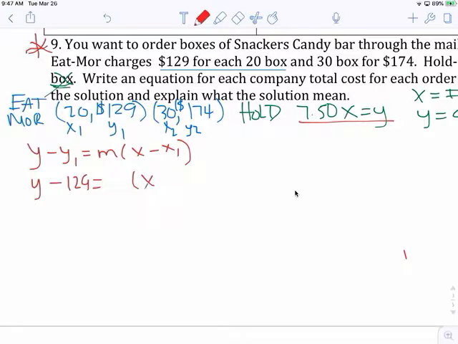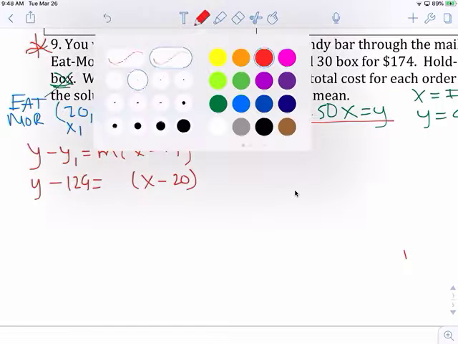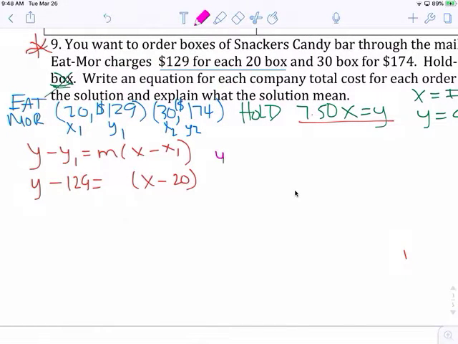We don't know m yet. Let's find m: y sub 2 minus y sub 1 over x sub 2 minus x sub 1. 174 minus 129 over 30 minus 20. So 10.